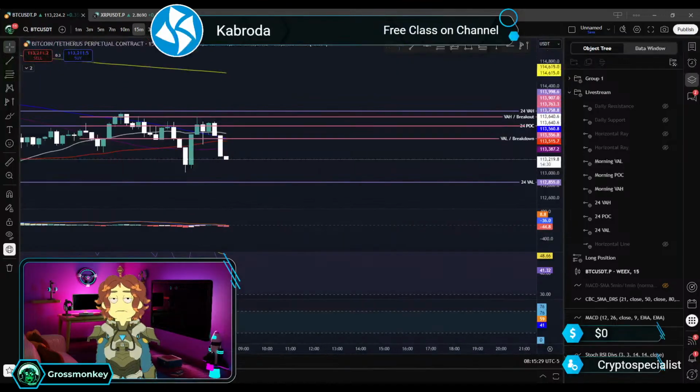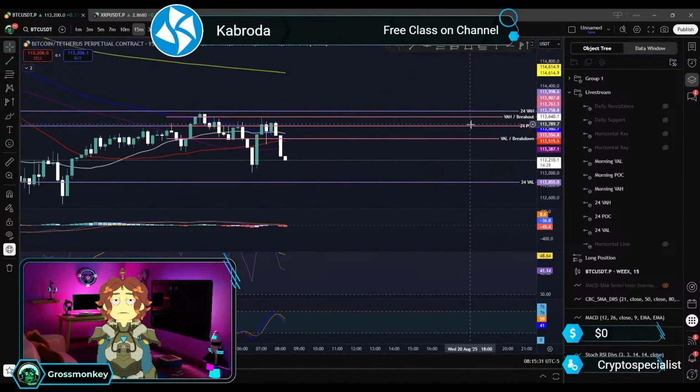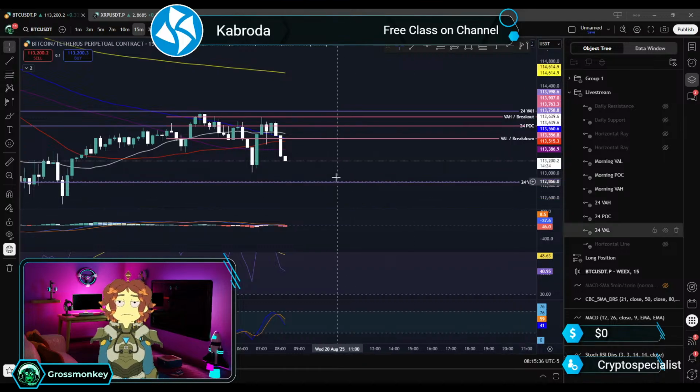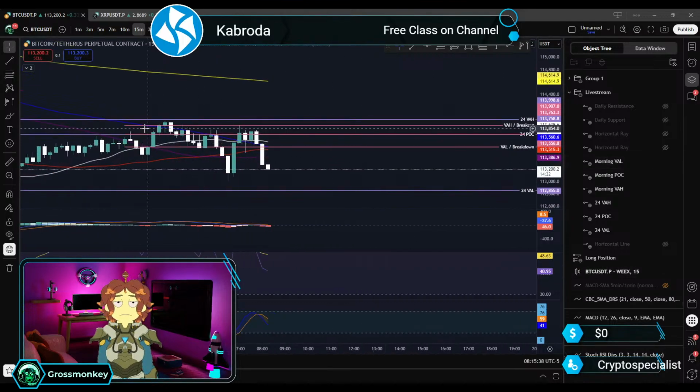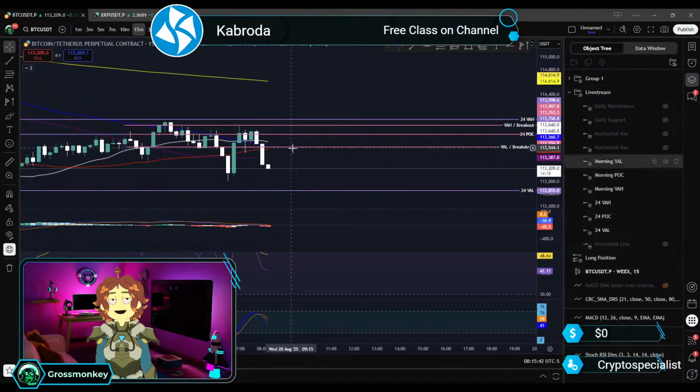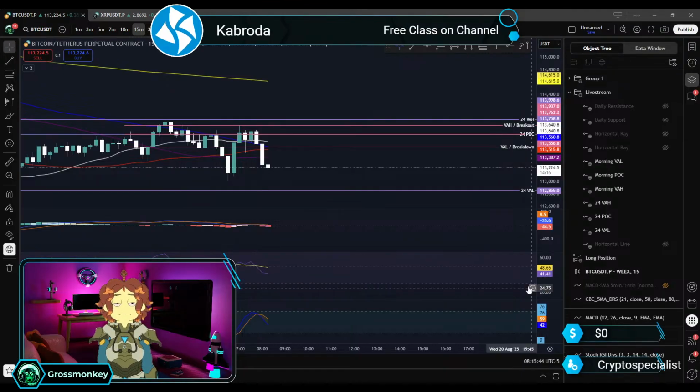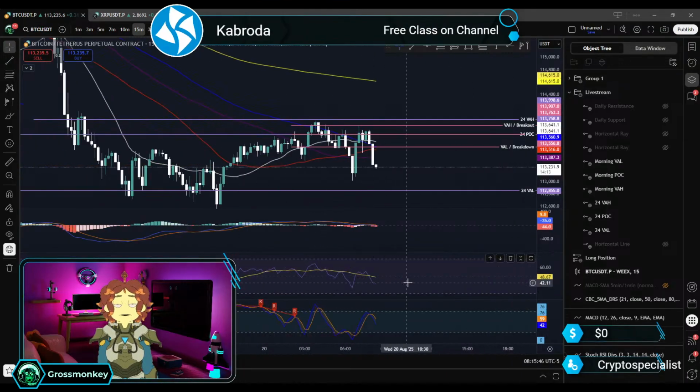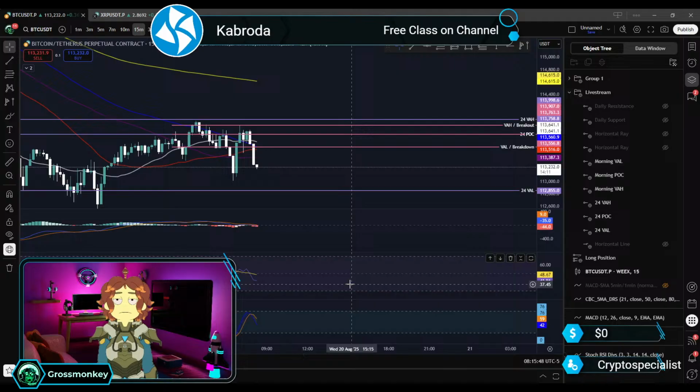We'll go to the 15 minute. We got multiple rejections at the 113.9 to 114K volume area high. So you can see rejected here, rejected here. RSI is rolling over, having a nice rollover here. Stochs are showing repeated tops failing.